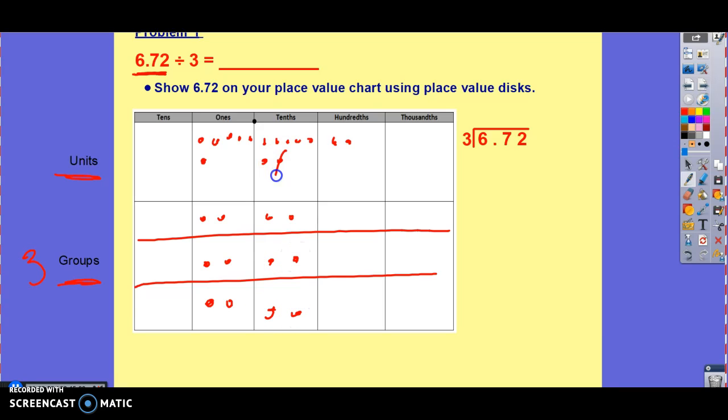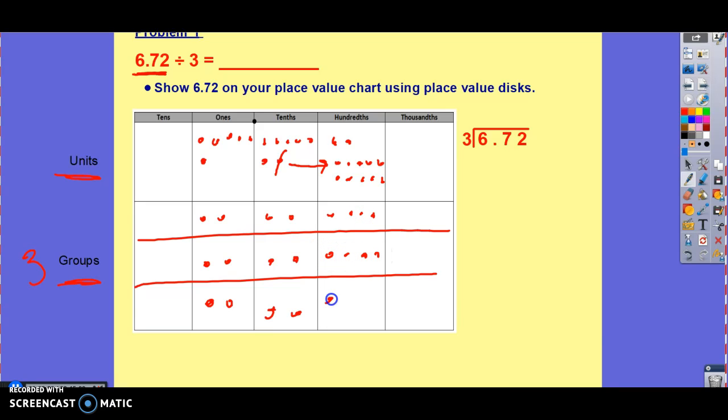We'll have 1/10 left over. We're going to bring it to the hundredths place. How many hundredths will that make? We'll make 10 hundredths. So now we have 12 hundredths, the 2 original from our 6 and 72 hundredths, and the 1/10 that we brought to the hundredths place. How can we divide 12 hundredths equally into 3 groups? Put 4 in each group.